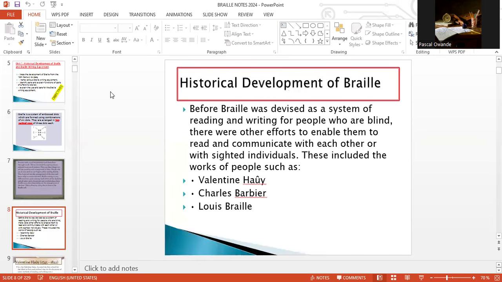We also look at the historical development of Braille. So under the historical development of Braille, that is before Braille was derived as a system of reading and writing, of course, for people who are blind, there were other efforts to enable them to read and also to communicate with each other or with the sighted individuals.